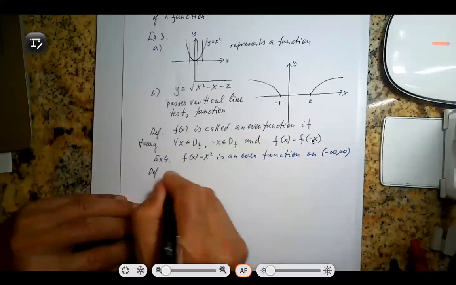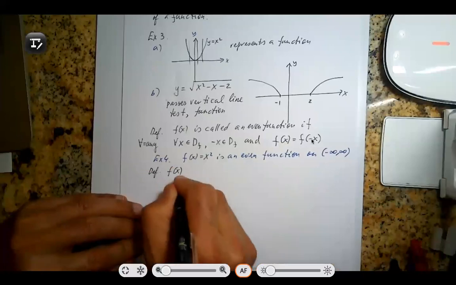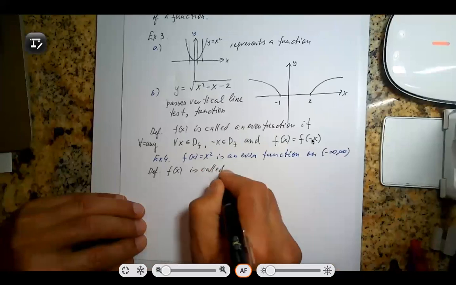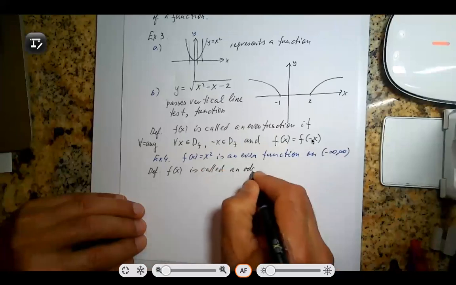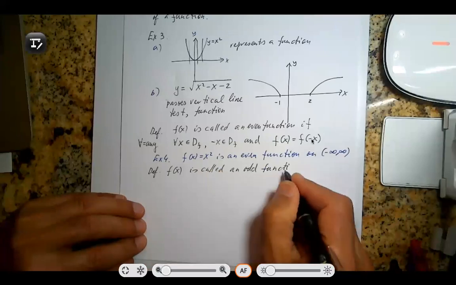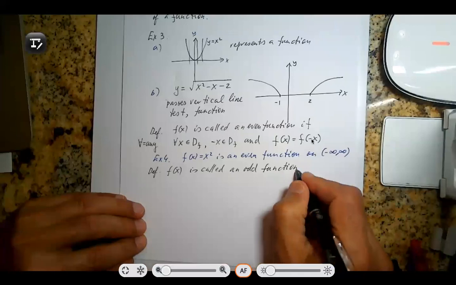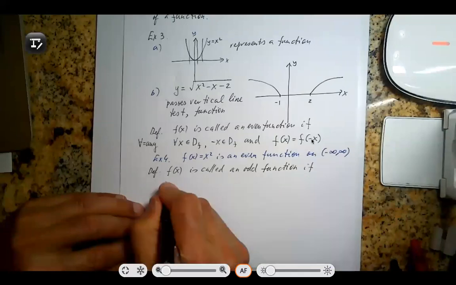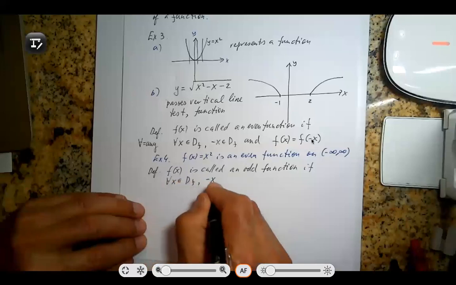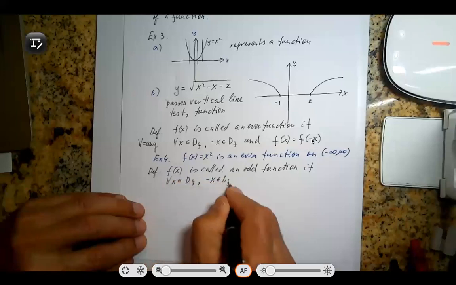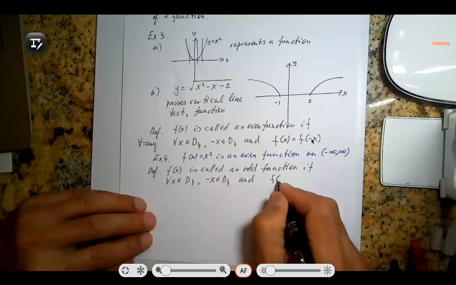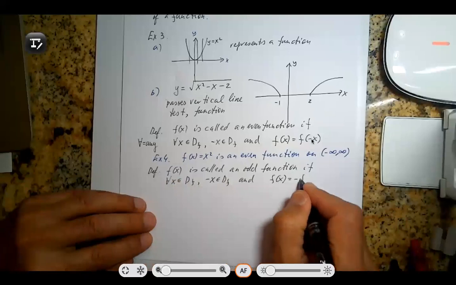Definition: f of x is called an odd function if for any x from the domain, negative x also belongs to the domain, and f of x equals negative f of negative x.